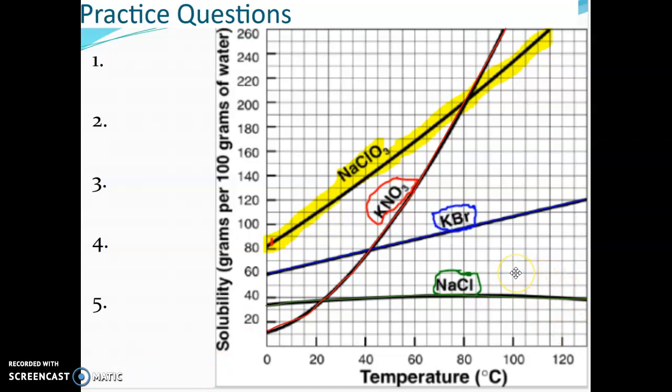Now that your solubility graph is color coded like mine, it'll be a lot easier to talk about these questions and answers. Number 1 on your page says, which two substances have the same solubility at 80 degrees Celsius?